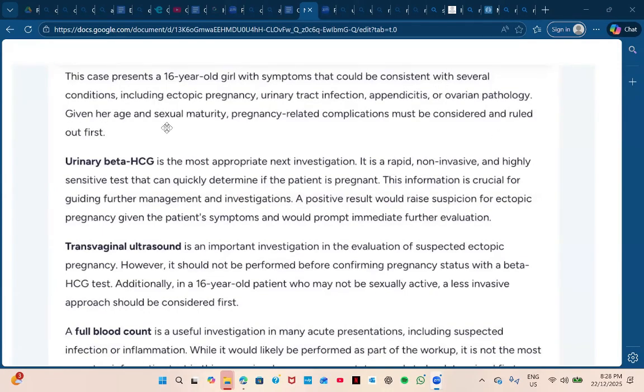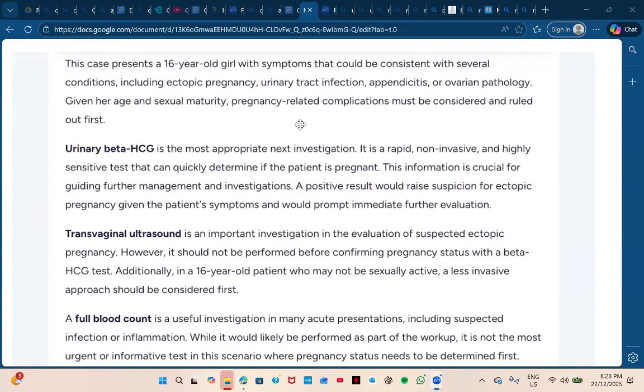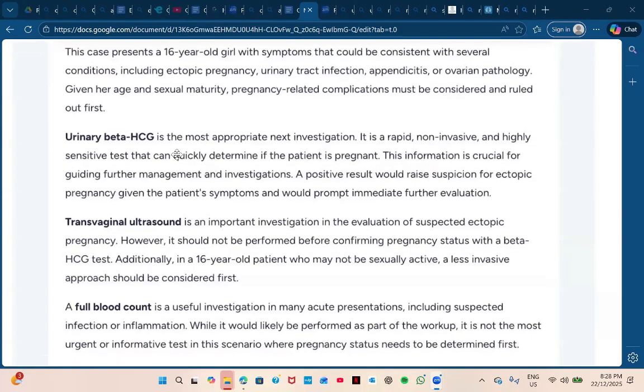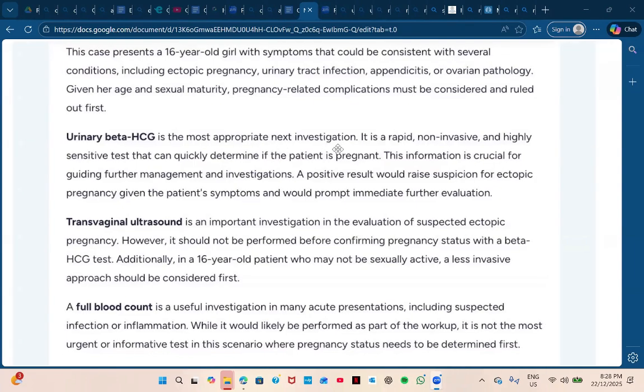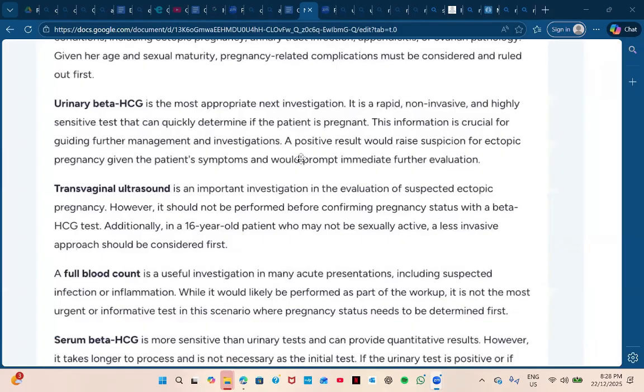Given her age and sexual maturity, pregnancy-related complications must be considered and ruled out first. So urinary beta HCG is the most appropriate next investigation. It is a rapid, non-invasive, and highly sensitive test that can quickly determine if the patient is pregnant. This information is crucial for guiding further management and interventions.